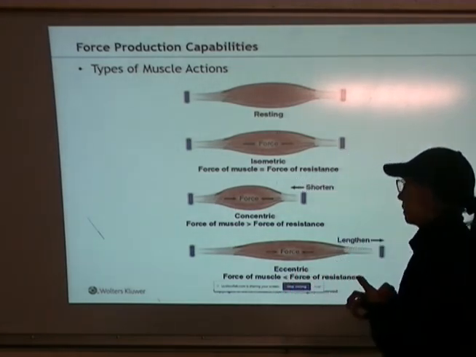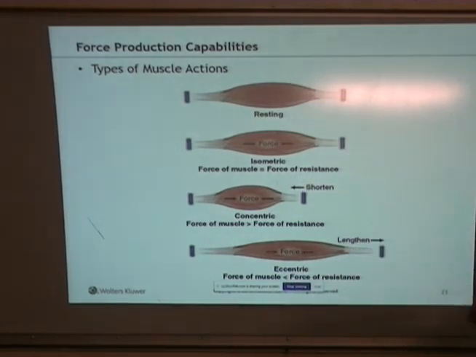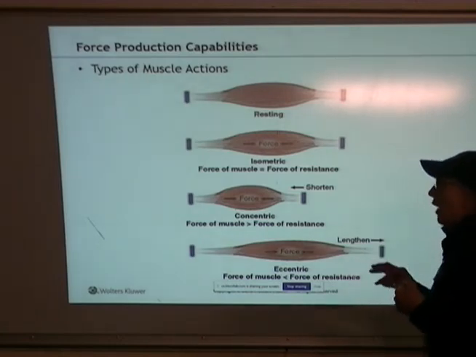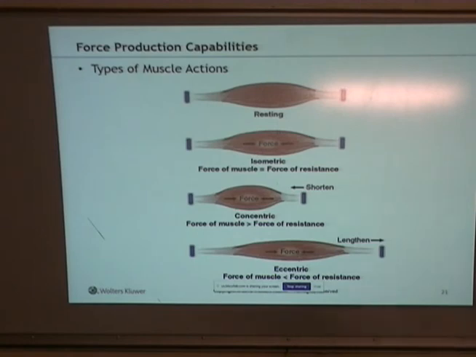So that's one instance where we might see eccentric action. Another instance that we see a lot in movement skills is when the force of the muscle is deliberately turned down to allow for lengthening in a controlled manner.